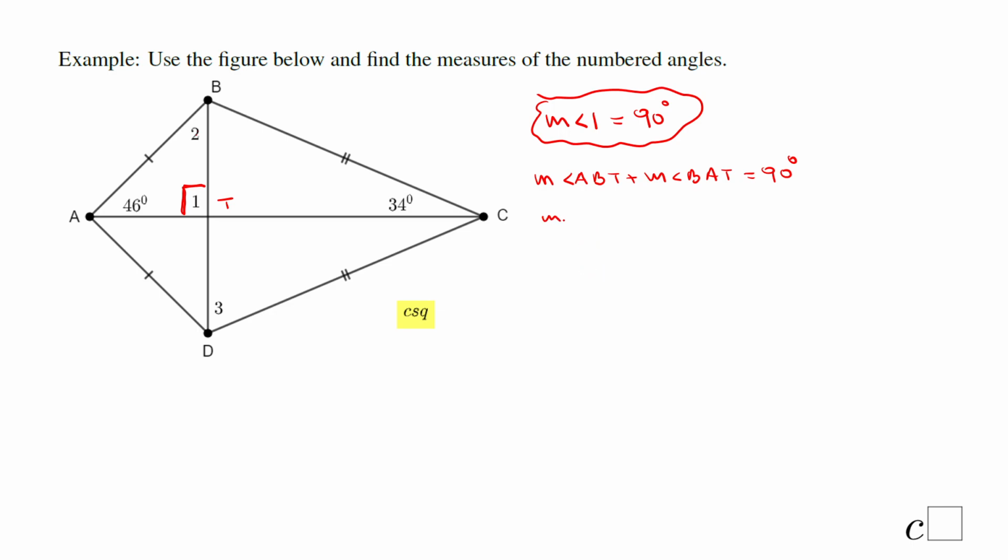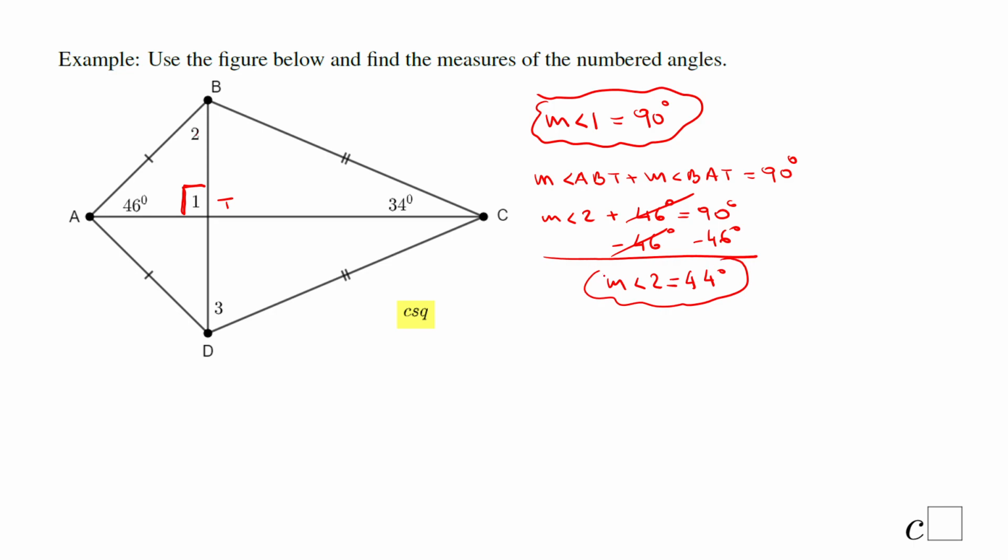ABT is nothing else than angle 2, plus the measure of angle BAT, that is 46 degrees, equals 90 degrees. So we're going to subtract 46 and we have the measure of angle 2 equals 44 degrees. Okay, so we finished angle 2.